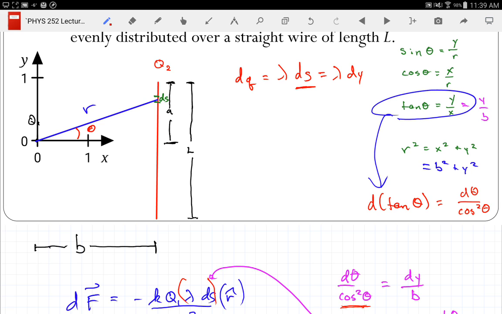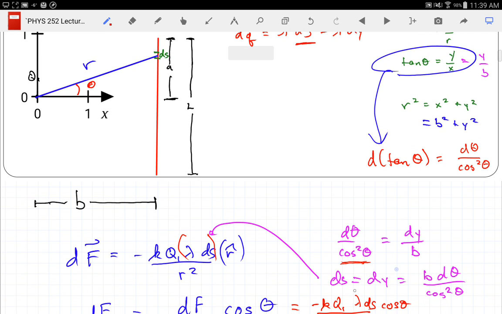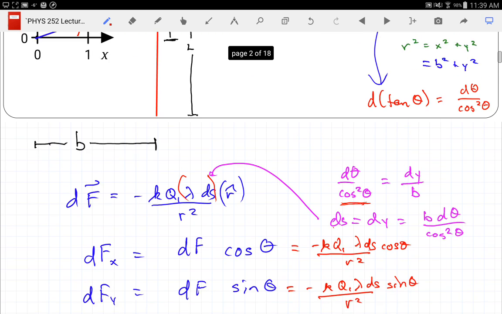Doing the right side, derivative of y over b, or y over x, whichever way you want it, since x is a constant, that's why I put the y over b, is going to be dy over b. And so there I have the conversion I need. My ds is equal to dy is b d theta over cosine squared theta.